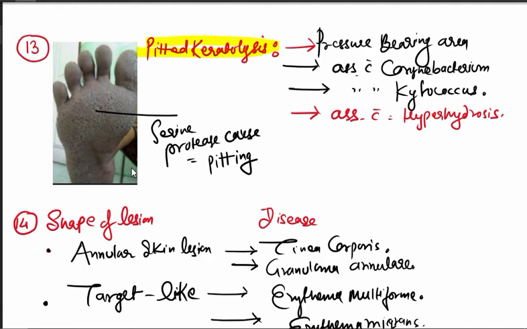The pitting is seen due to the serine protease enzyme that is eating these keratocytes, and this occurs in pressure-bearing areas. This is associated with Corynebacterium and also with Kytococcus, and hyperhidrosis is seen in this condition.